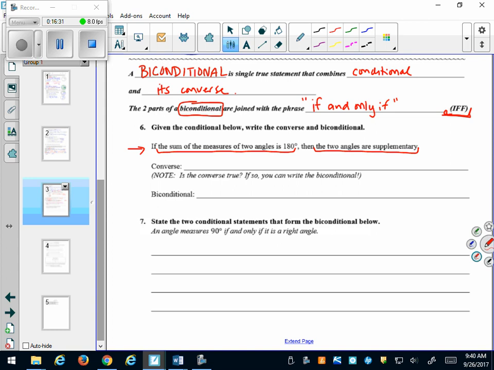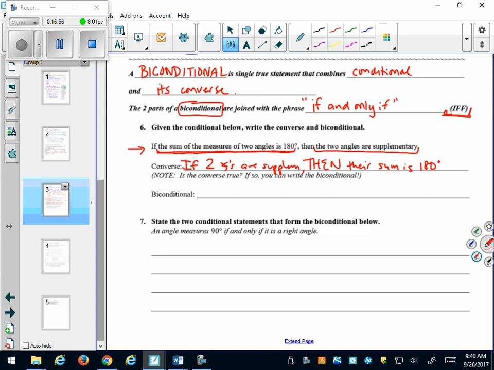If we write the converse, we just have to switch those. So we're going to say, if two angles are supplementary, then their sum is 180. I abbreviated a little bit there.